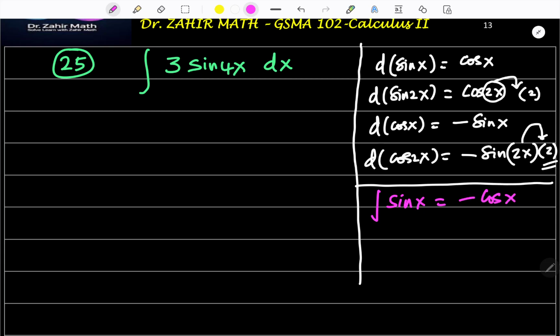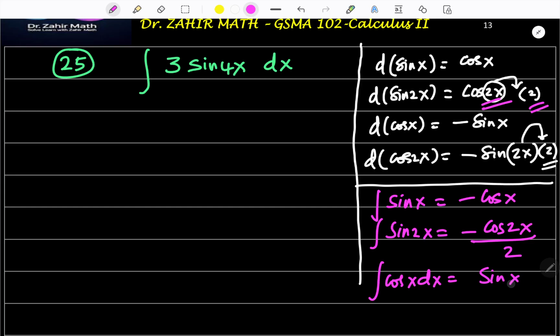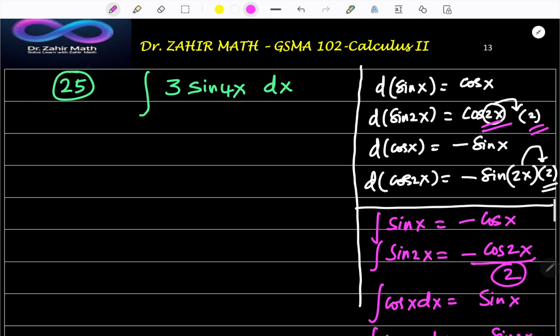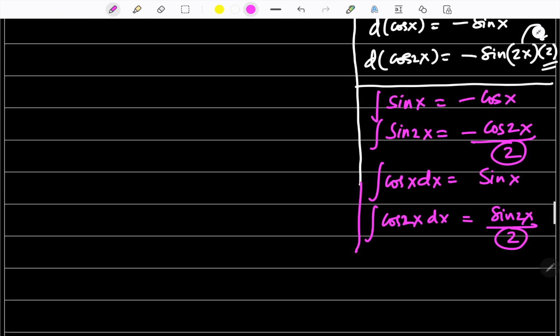And what is the integral of sine 2x, which is negative cosine 2x? Look at here. We multiplied, but here it's divided by 2. And what is the integral of cosine x dx, which is sine x, there is no minus. And what is the integral of cosine 2x dx, or 3 or whatever it is, sine 2x divided by 2. The constants will be divided. Keep in your mind.